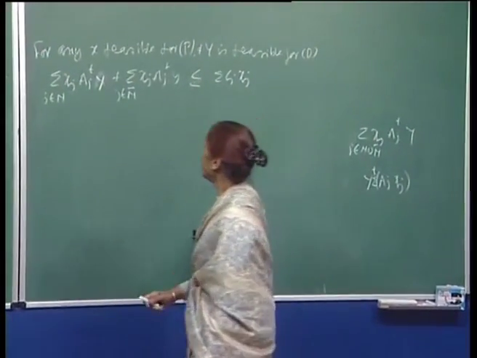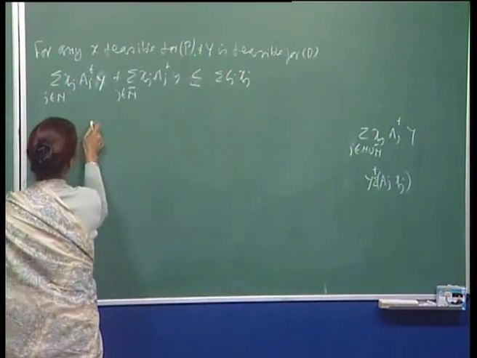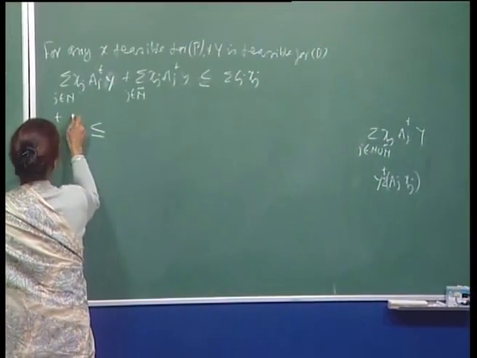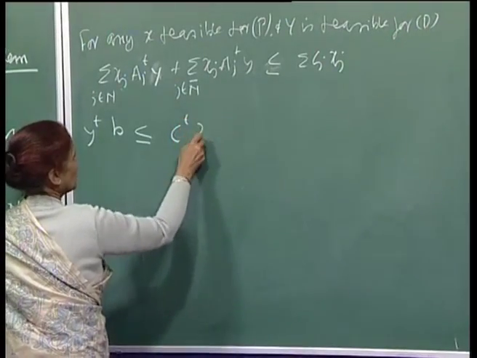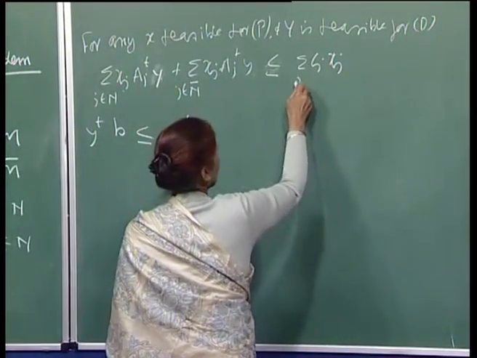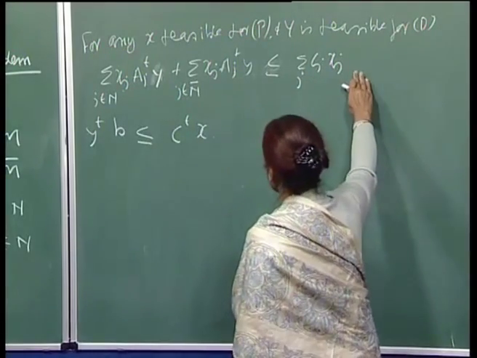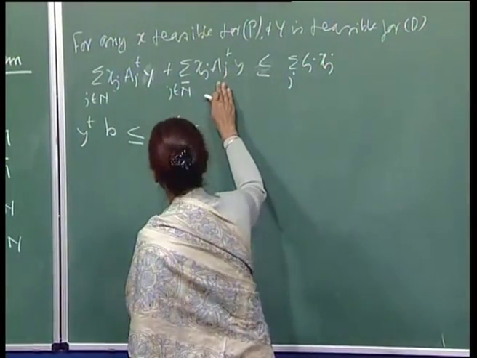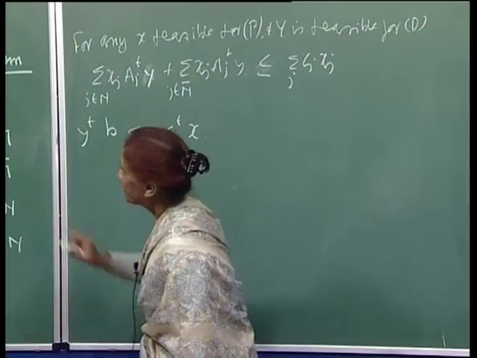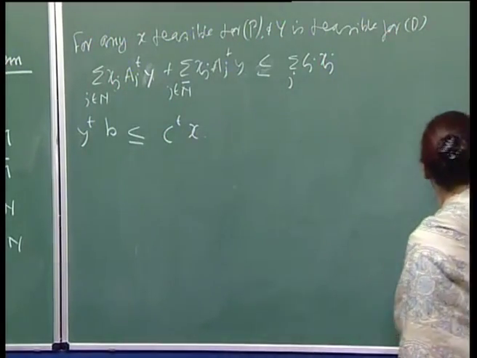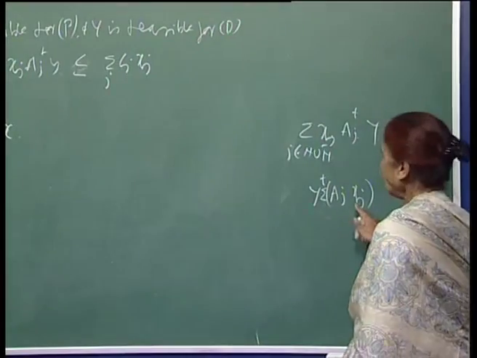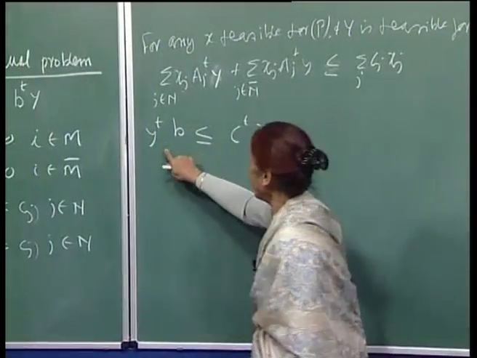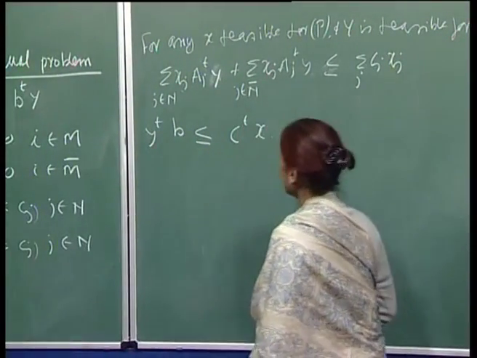So, this whole thing is greater than or equal to y transpose b, and then this is less than or equal to c transpose x, remember, this is over j. This is your c transpose x, because you have equality constraints and greater than kind constraints. So, y transpose b is less than or equal to c transpose x.